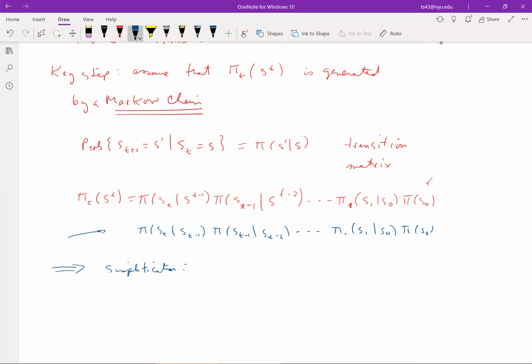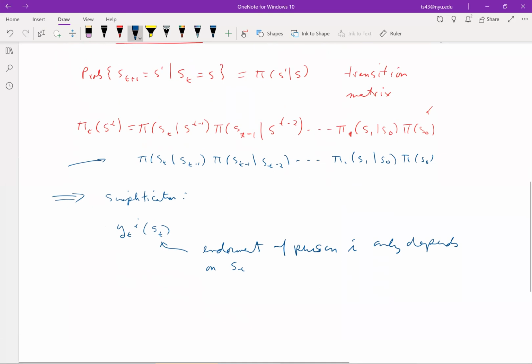First thing is, this is going to be an assumption: we're going to assume that y_t^i is a function only of the Markov state. So the endowment of person i only depends on s_t, not on the history.